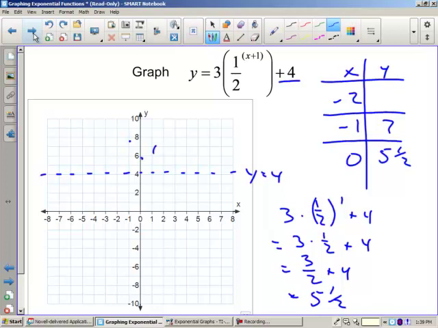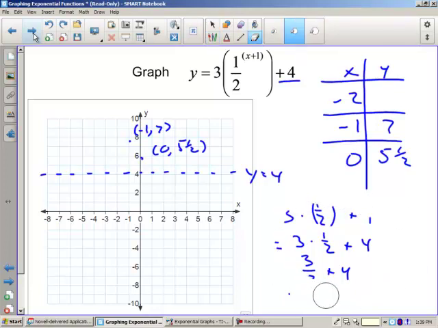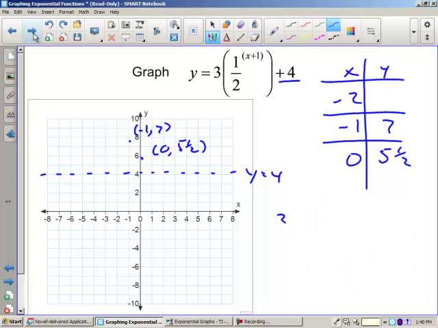Pretend I can actually get that at 0, 5.5. This was the point -1, 7. That point's give me fits, isn't it? And let's try -2, see if it's even going to fit on my graph, because I know I'm going to be heading up in that direction. If I put in a -2, I get 3 times 1/2 to the -2 plus 1, which is to the -1, plus 4.